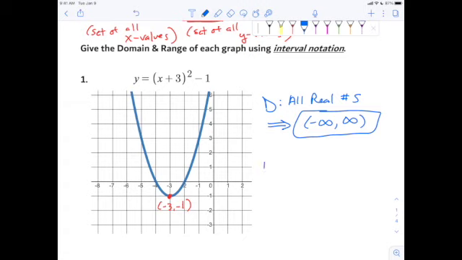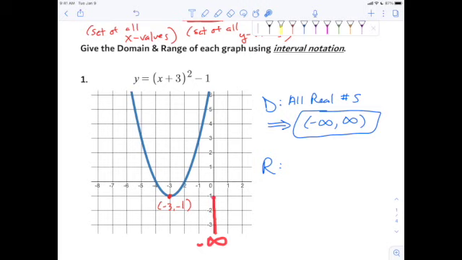Now your range, you're trying to describe these y values. So now think about the y-axis visually. Here's where -infinity is on the y-axis, and here's where positive infinity is. Does the graph go down to -infinity? No. In fact, when you use interval notation, start at the bottom where -infinity is and kind of come up and say, is the graph defined yet?